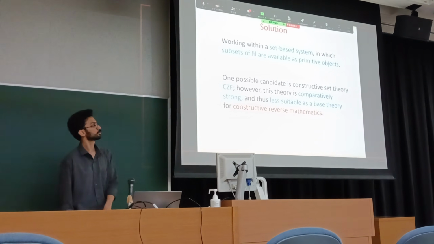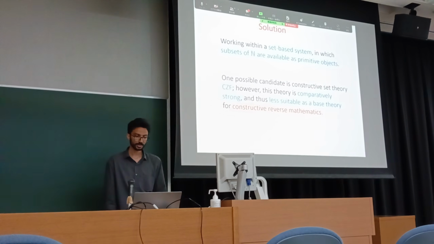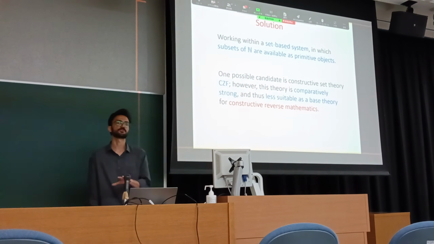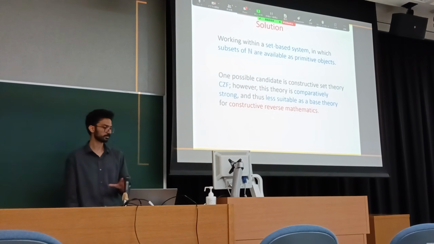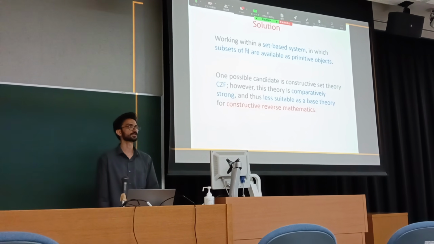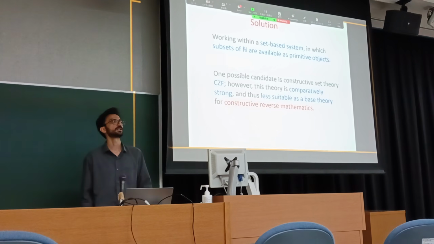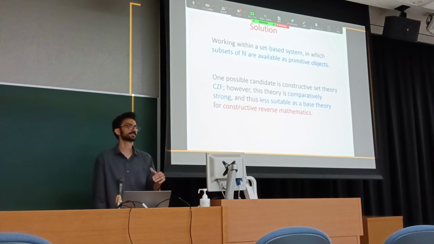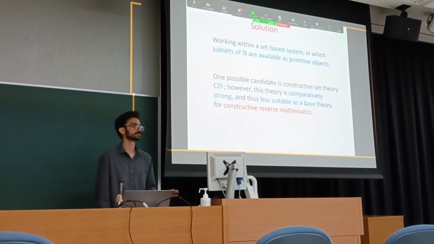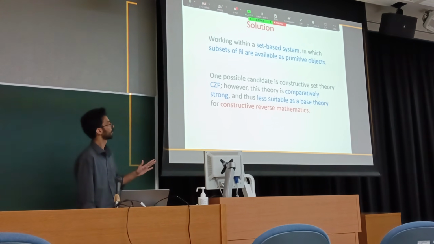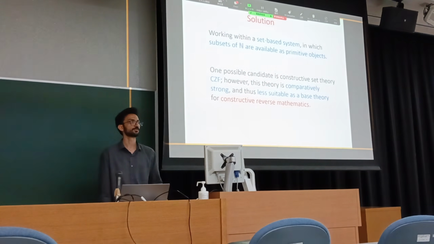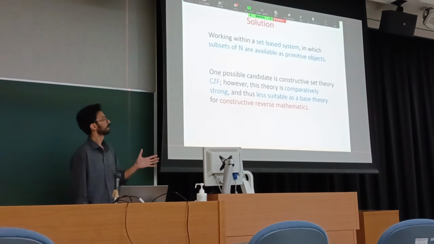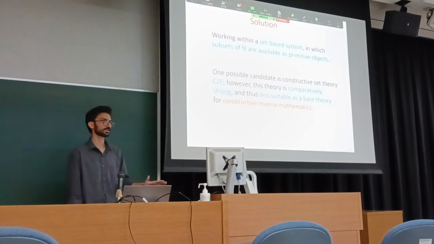But there is another solution for this problem. We can consider set-based systems instead of function-based systems. For example, we can consider CZF, constructive Zermelo-Fraenkel set theory. But the problem with CZF is that it is comparatively strong and not very well suited for constructive reverse mathematics. We are going to find a weak base theory to compare theorems and axioms in constructive mathematics.